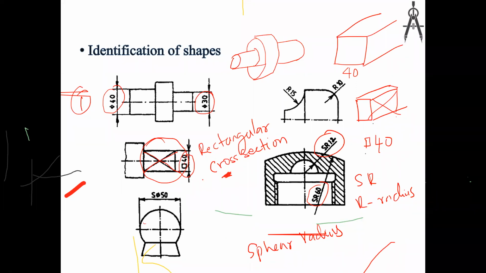Here also you can see S pi 50. S pi 50 means sphere diameter. So this is not a circle, this is actually a sphere. This is like a dome. This is also a dome, right?